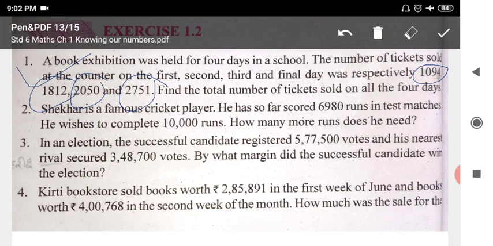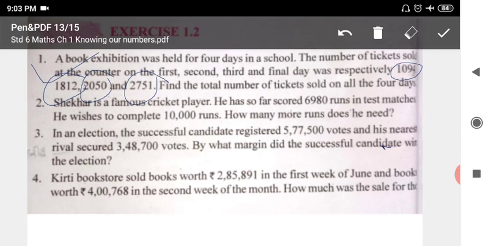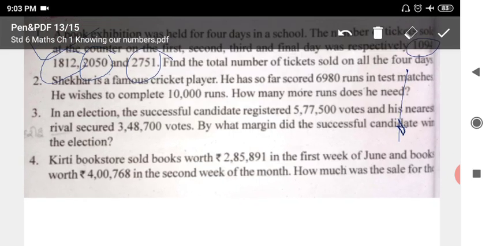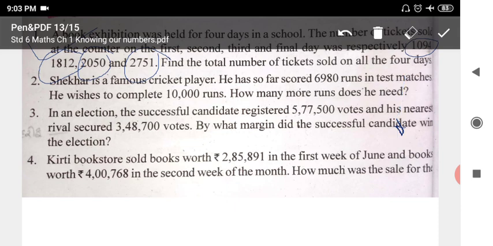It means what we have to do? We want to do the sum of all these numbers. It means we have to add all these 4 numbers. So let us see. First number is 1,094. Step by step we will write here and we will solve that question.